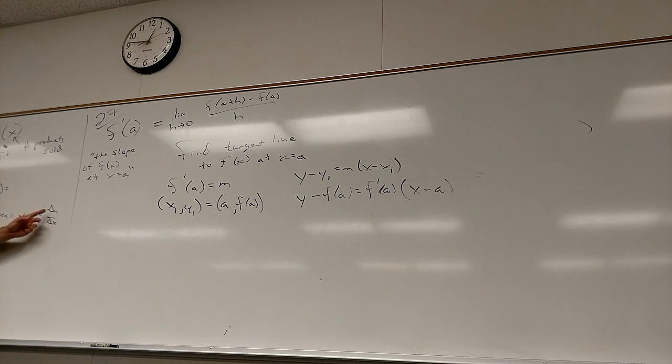Sometimes you'll see this symbol delta. Did you guys see that symbol before? That symbol, Greek letter delta, just means change in. And normally it's considered a gross change, like a big change, right? When I'm talking about limiting processes for finding the slope at a point, is that a big step? No. When I let h go to 0, how big of a step am I taking?